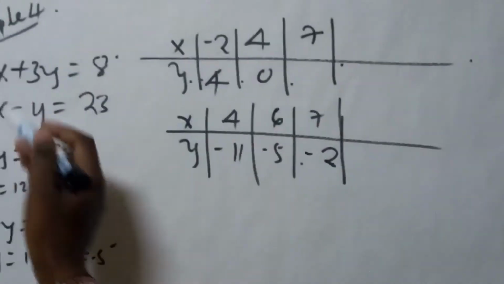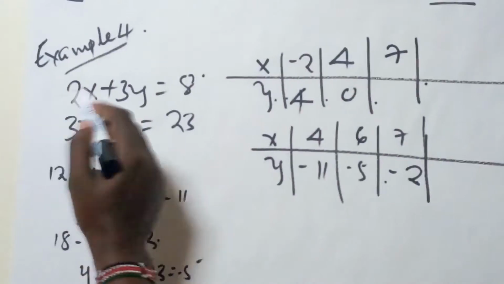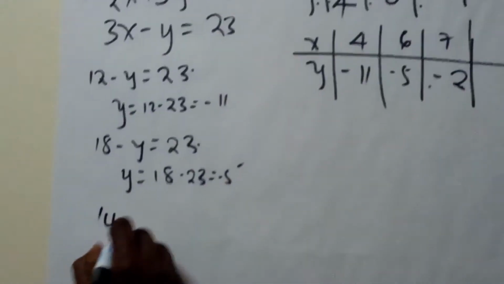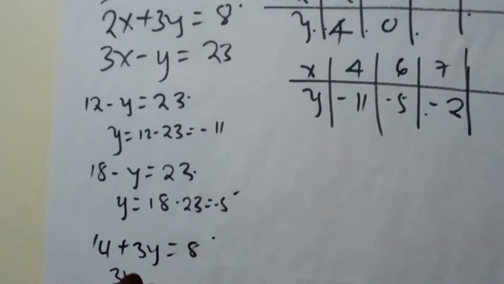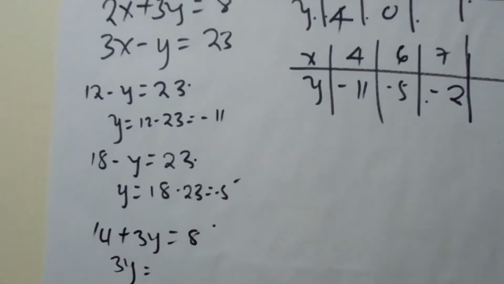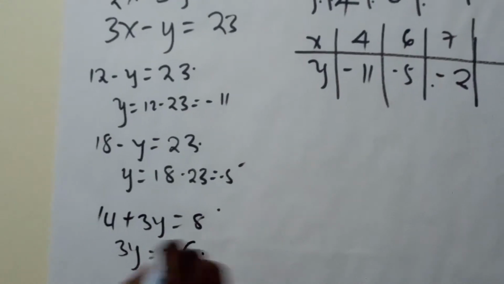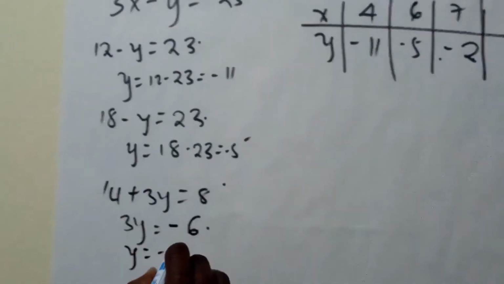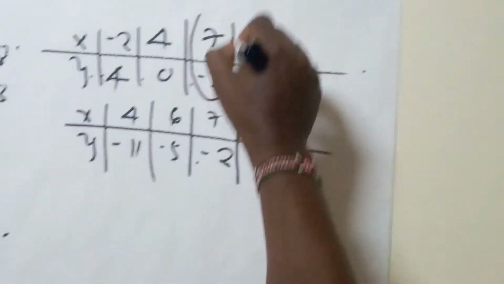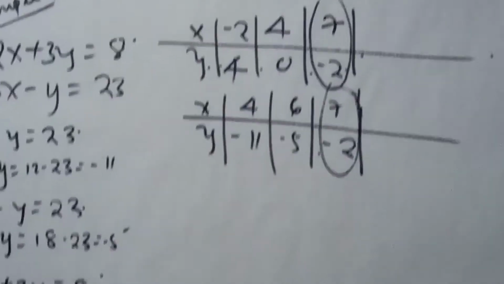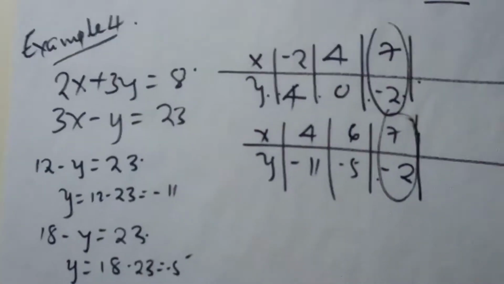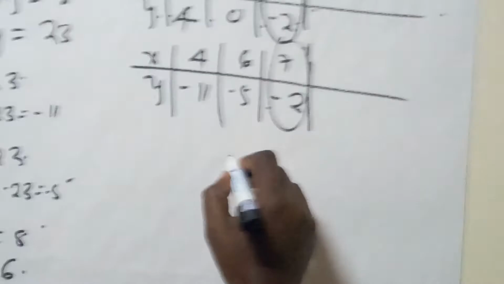When x is 7, we are having 14 plus 3y is equal to 8, and 3y is 8 minus 14, which is minus 6, and y is minus 2. I want us to look at that point with a keen eye because it is repeated on both graphs. But let us construct this graph.